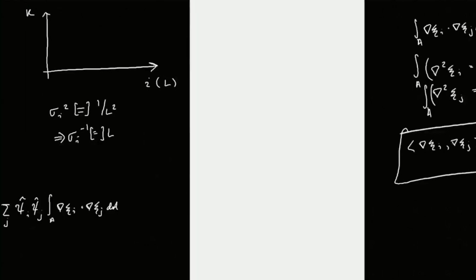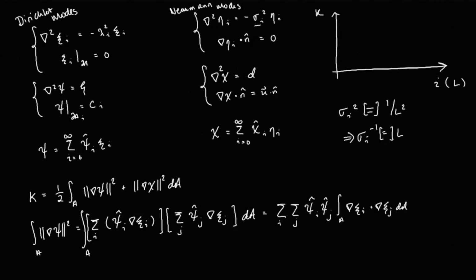So if we go back to our kinetic energy, what we get is sum over I, sum over j, c hat I, c hat j, delta ij, magnitude Ci squared. The delta ij means that only I equals j terms survive, and we're left with the sum over I, psi hat I squared, Ci squared.